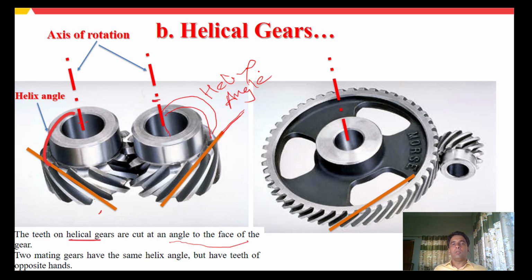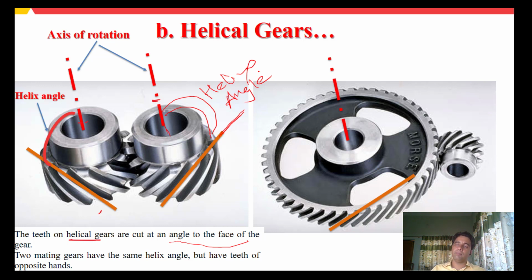So, in a nutshell, we can say helical gears do not have straight teeth, rather they are inclined by a certain angle. At the same time, two mating gears have the same helix angle but have teeth of opposite hands.